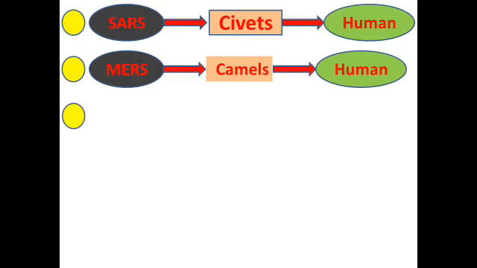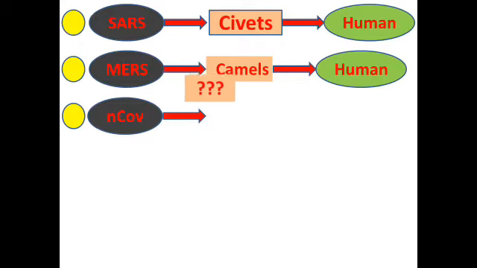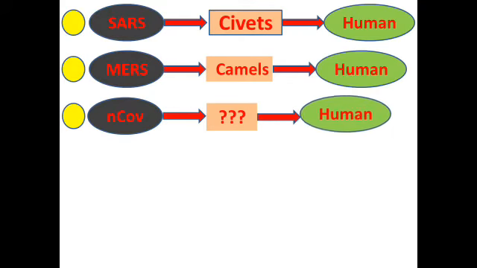And the last and most modern type is the novel coronavirus or COVID-19. The source is not yet known, but it is believed that snakes and bats have a role in its transmission to humans.